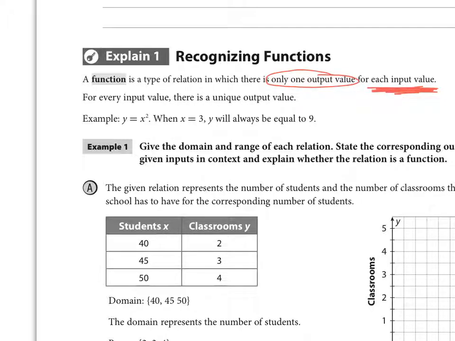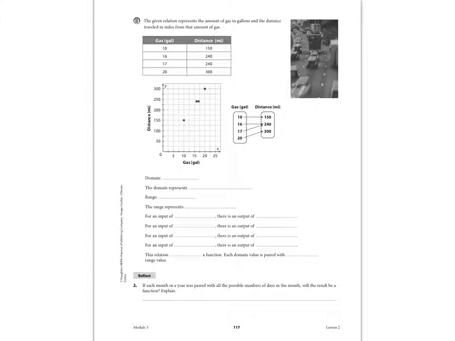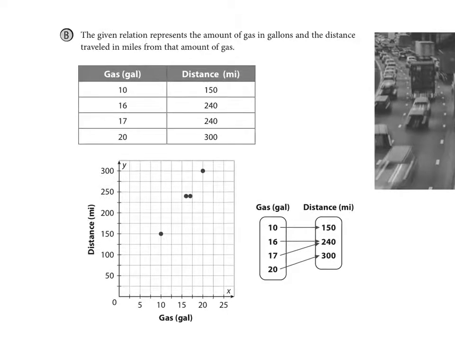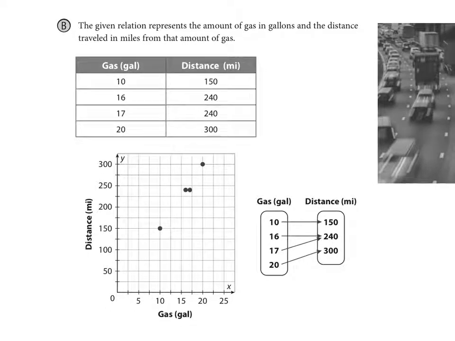Okay, so let's take a look at an example. For this part B, page 117, we have three different representations of this relation, and it represents the amount of gas in gallons and the distance traveled in miles using that amount of gas.